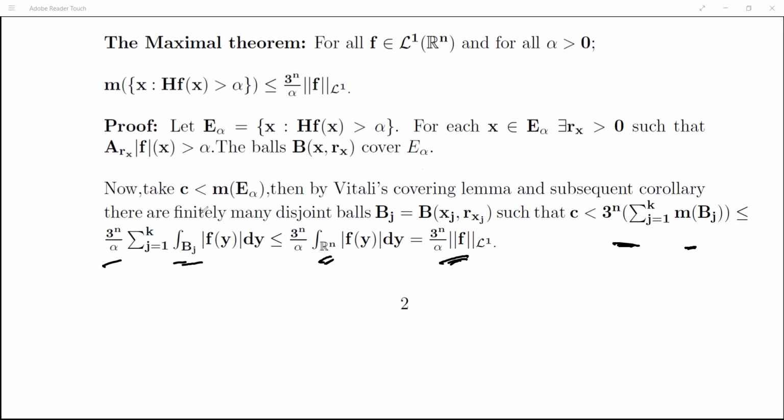I'm saying this particular set E alpha has non-zero measure? If it has zero measure, then there is nothing to prove. If it has positive measure, you assume a positive C which is less than that and just go like that.